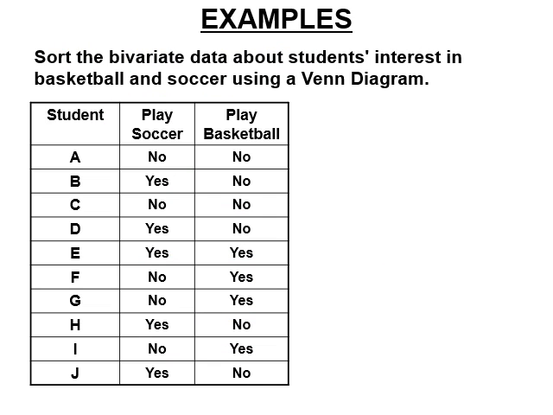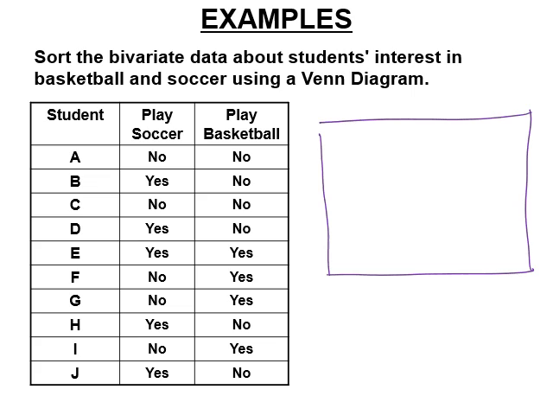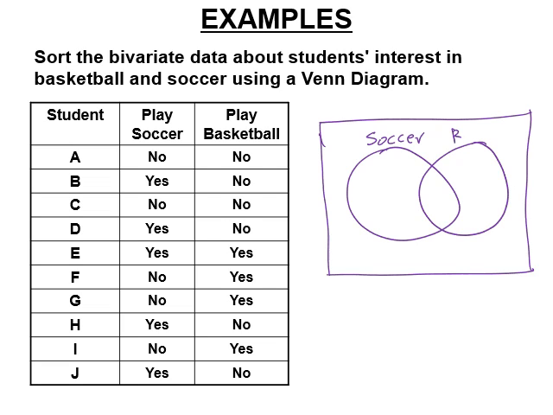So let's try this one about people who play soccer and play basketball. Draw your own Venn diagram, pause the video. So neither, two no's.